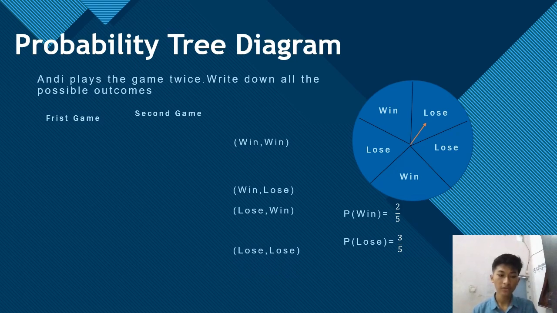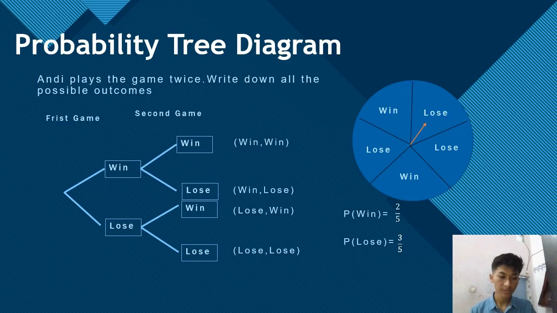When we have two or more events happening in order like this, probability theory is a really good way of representing what is going on. So let's have a look at how we go through the situation in the probability tree diagram. Considering the first game, there are two outcomes, win and loss.